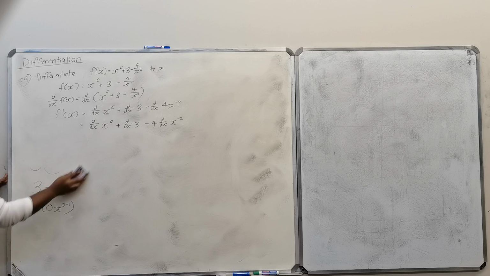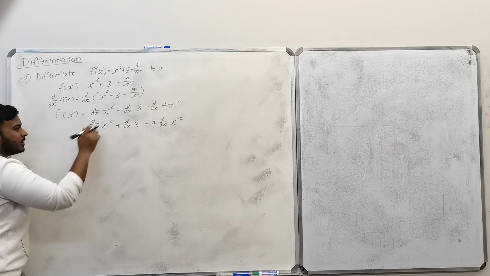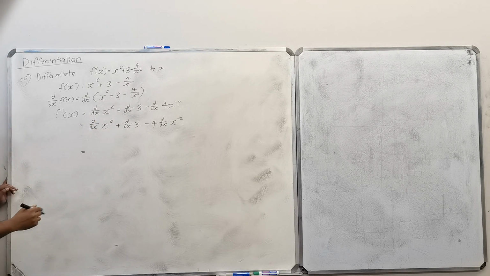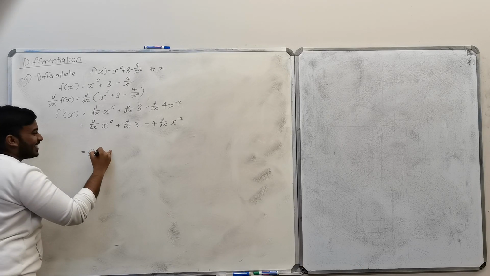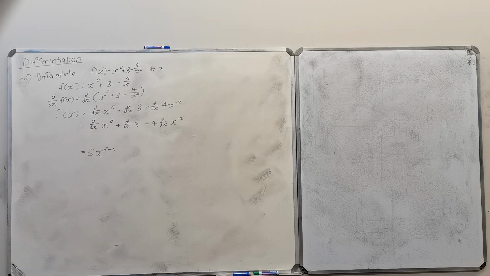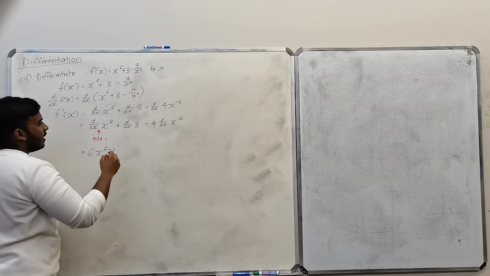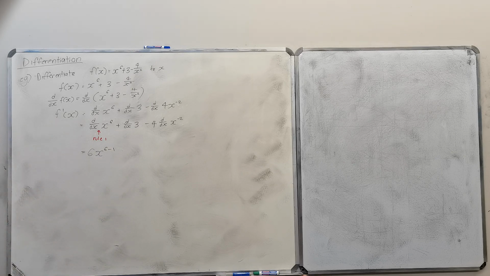Understand what I'm saying? So here, d over dx of x to the power 6 is what? Which rule? Rule 1. This would be 6x to the power 6 minus 1. Then rule 2, and d over dx of 3 is which rule?